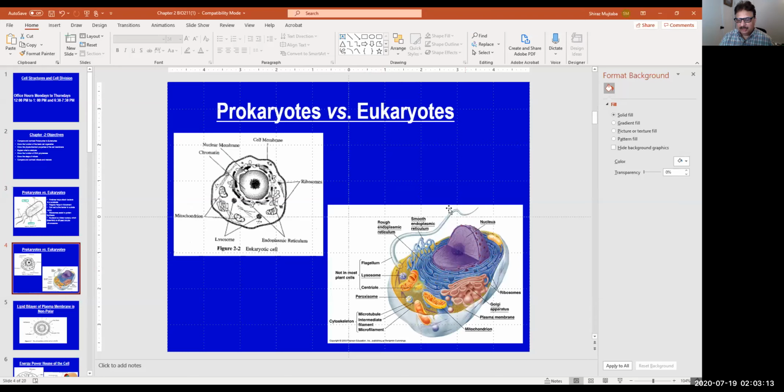They contain flagella because they also live in water or environment. They need to swim. Lysosomes. And then you have rough endoplasmic reticulum, for protein synthesis. Smooth endoplasmic reticulum is for lipid biosynthesis. And finally, Golgi apparatus, which is involved in protein secretion.